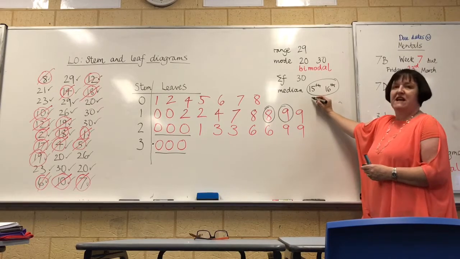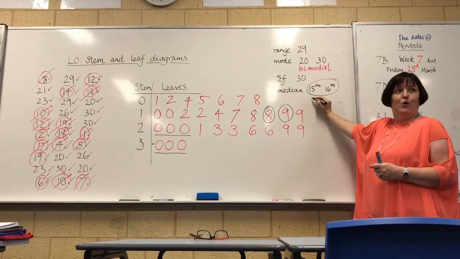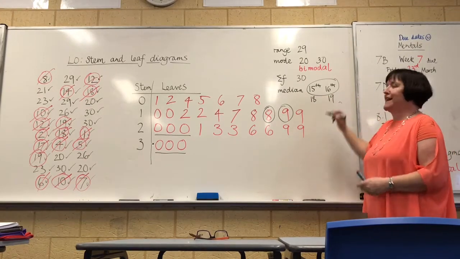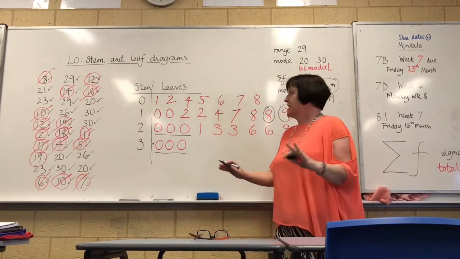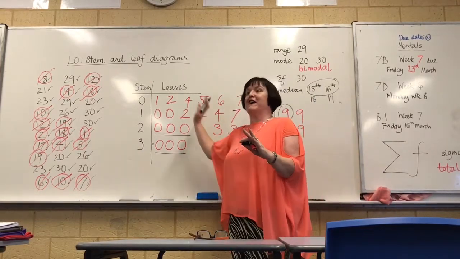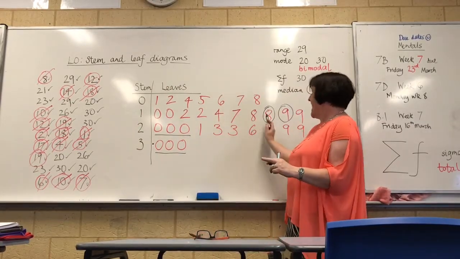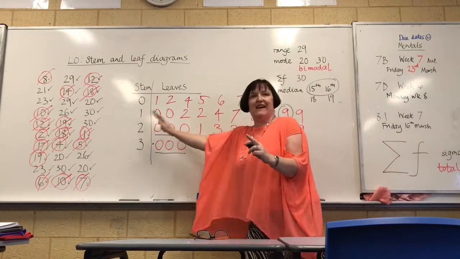So the 15th bit of data is what? 18. It's a really common mistake that people will look at it and forget about the stems and only deal with the leaves. That is not 8, it's 18, because you've got the 10 there and the 18.